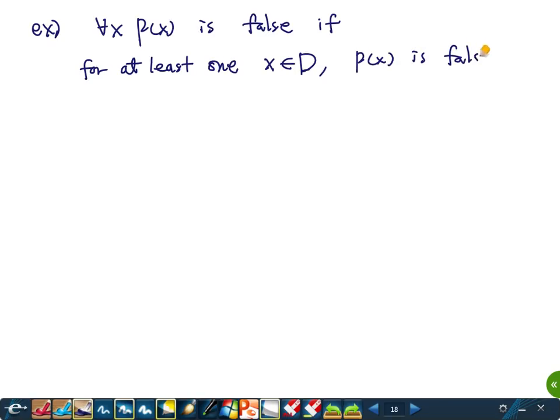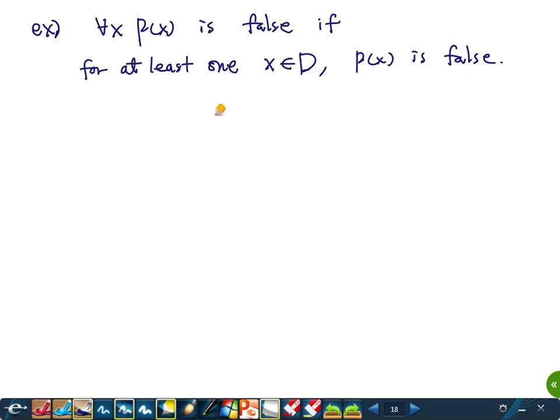If you can find just one x, at least one x in your domain of discourse, such that P of x is false, this is false. Otherwise, it's true.